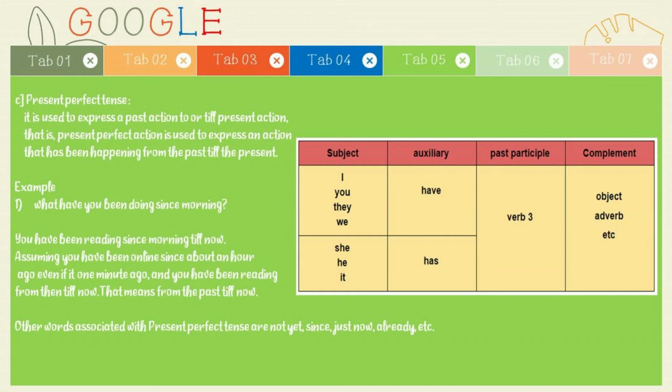You have been reading since morning till now. Assuming you have been online since about an hour ago, even if it was 1 minute ago, you have been reading from then till now. That means from the past till now. Other words associated with present perfect tense are not yet, since, just now, already, and etc.